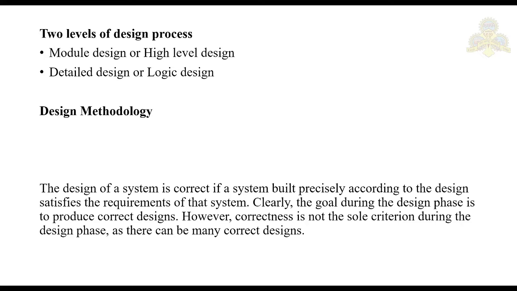Detailed design, the second level, covers the internal design of the modules which we have identified in the module design. Detailed design essentially expands the system design to contain a more detailed description of the processing logic and data structure so that the design is sufficiently complete for coding.